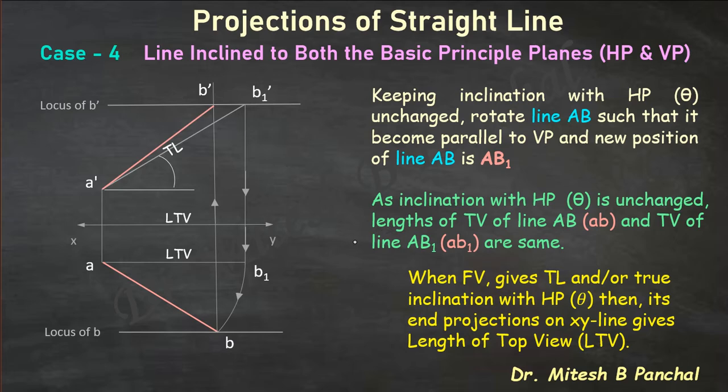So this is the case where we have rotated the original line AB to the new position AB1 by keeping the inclination with HP, that is theta, unchanged. Also, we know that inclination of front view with XY is alpha and inclination of top view with XY is beta. So this way we can obtain the solution.